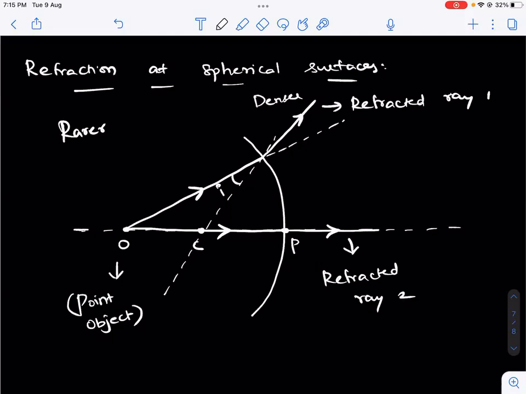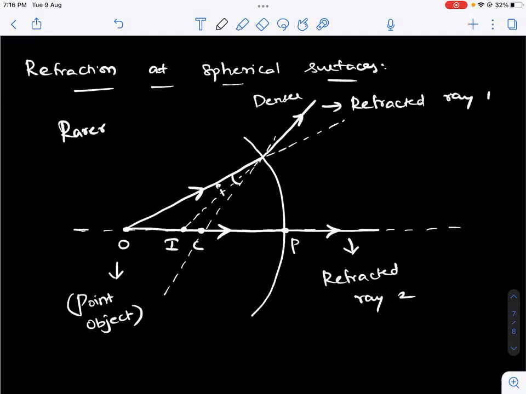So we clearly understand that the first refracted ray and the second refracted ray are definitely not going to meet in real time. So you extend it backwards, and you will be able to observe that the image is formed here. Is the point clear?